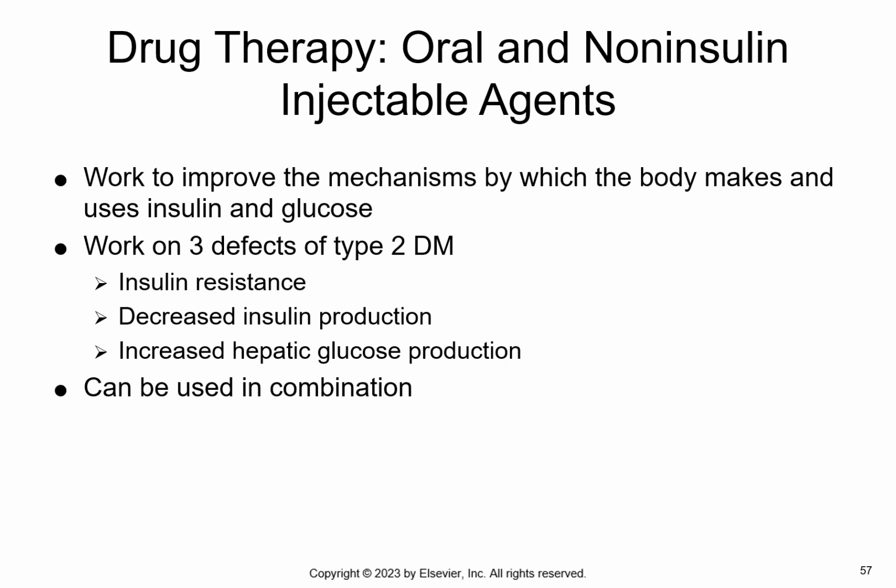These drugs primarily work on three defects of type 2 diabetes mellitus: insulin resistance, decreased insulin production, and increased liver glucose production. Review Table 53.8. They may be used in combination with drugs from other classes or with insulin to achieve glucose goals.